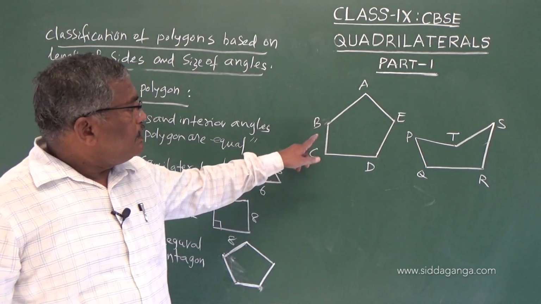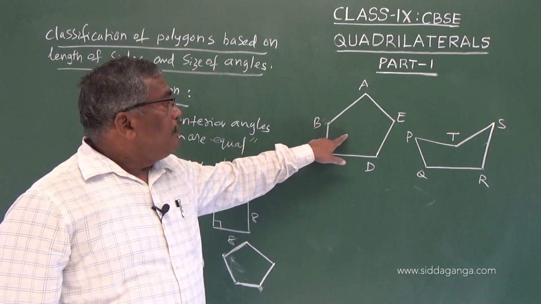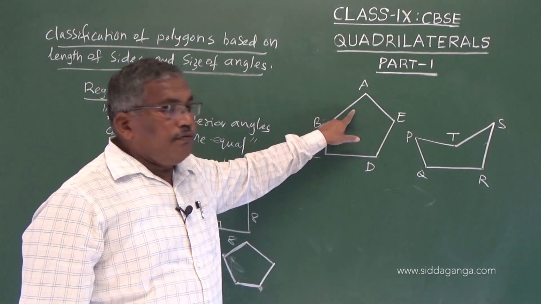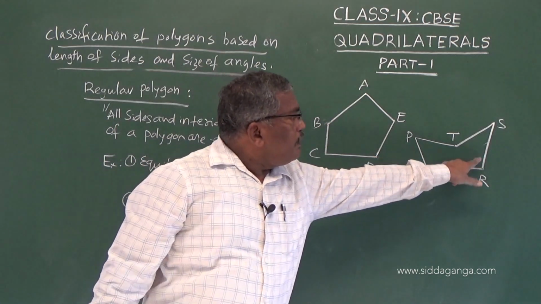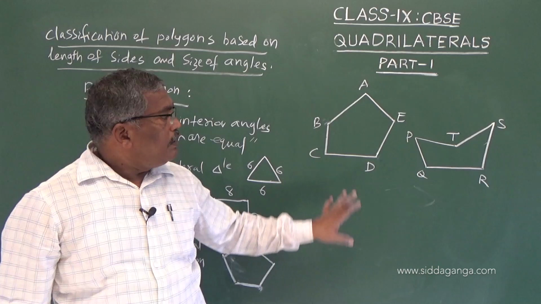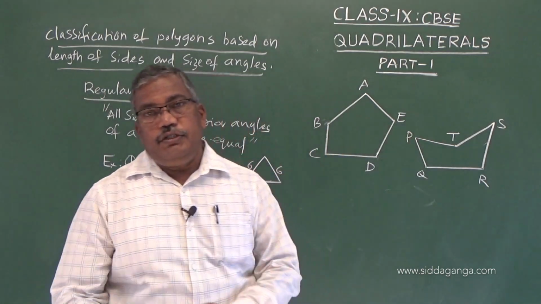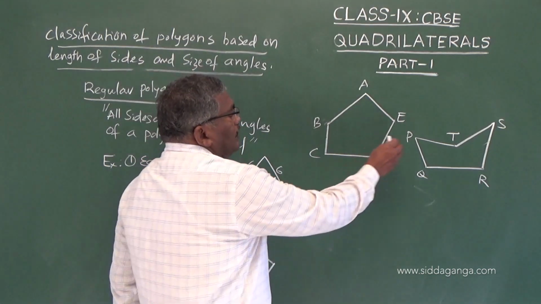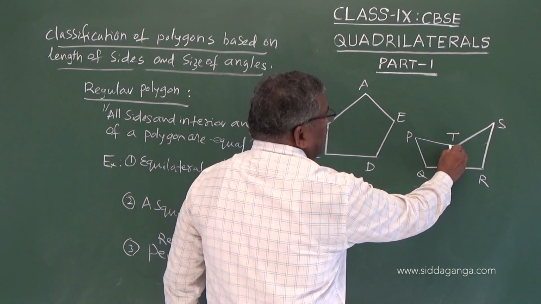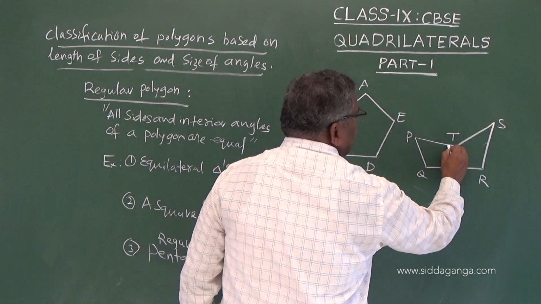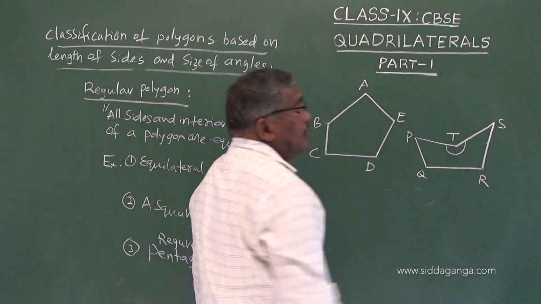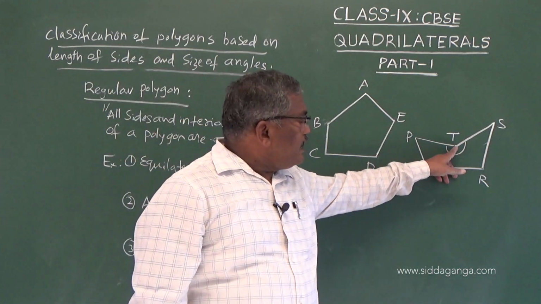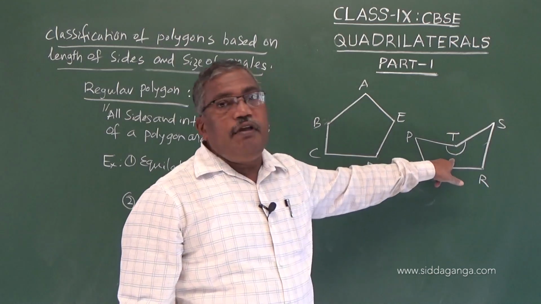See, in these two figures, this is also a five-sided closed figure. 1, 2, 3, 4, 5. So both are five-sided closed figures. The difference here is, you can observe in this case the interior angle PTS is more than 180 degree. The vertex is pointing towards the inside of the figure.